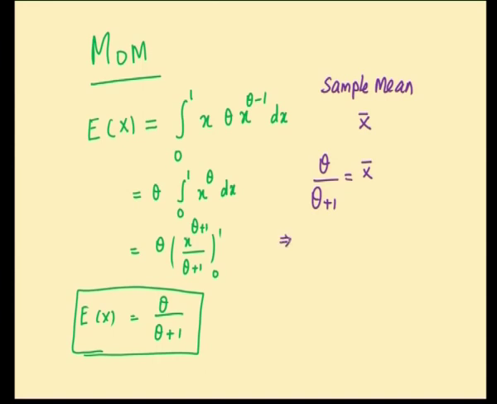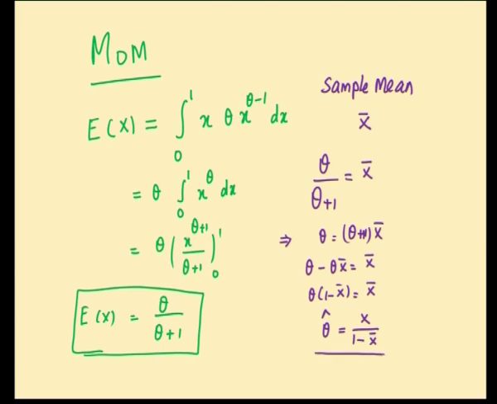So, I just cross multiply it: theta equals theta plus 1 times x bar. So, theta minus theta times x bar equal to x bar. If I take theta outside, you will have 1 minus x bar. So, theta hat finally is x bar by 1 minus x bar.